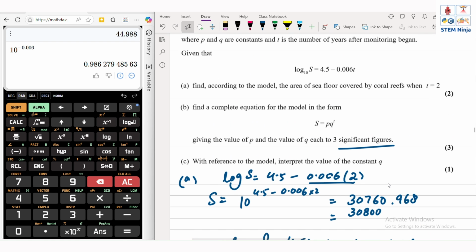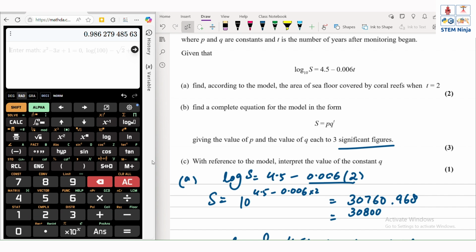With reference to the model, interpret the value of the constant Q. So this 0.986, basically, if you try to understand this, 1 minus this answer, and times by 100.